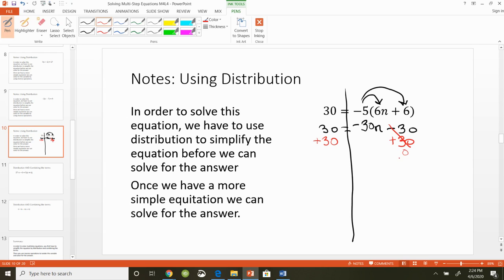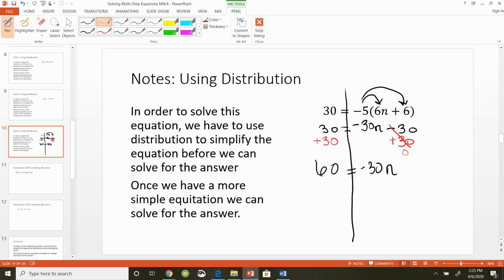I can write a 0 if you want to, because I still have this minus 30n left. And on this side, I have 30 plus 30. That's going to give me 60. So what we have on this side is 60 is equal to, and I have remaining negative 30n, because negative 30n plus 0 is just negative 30n.